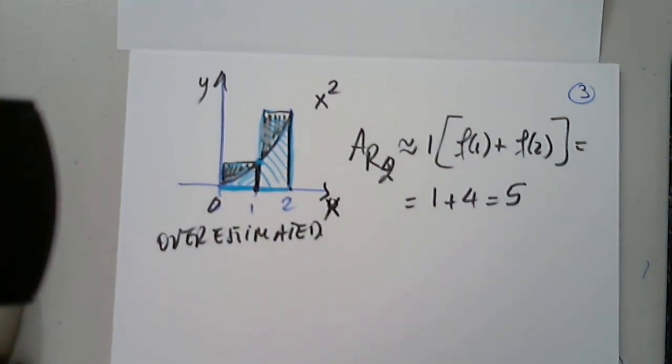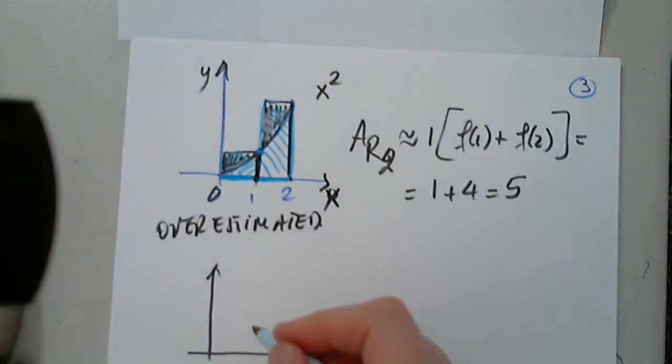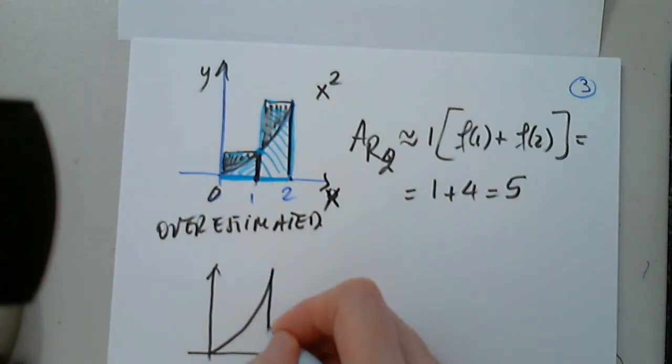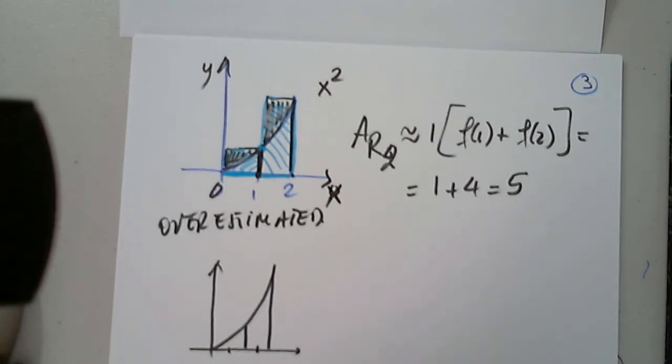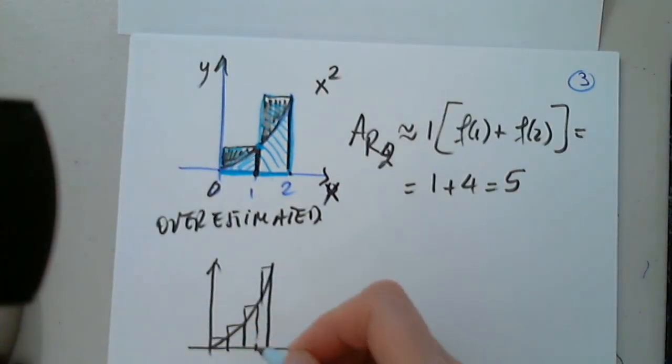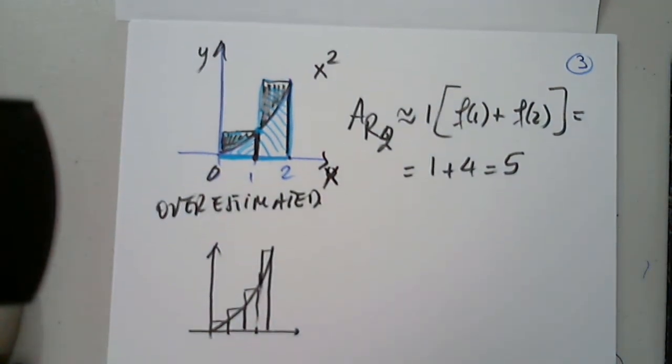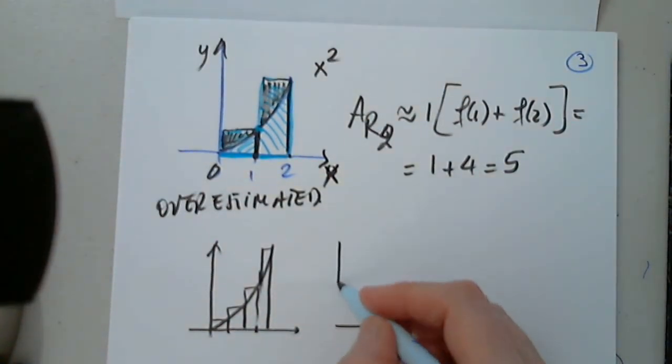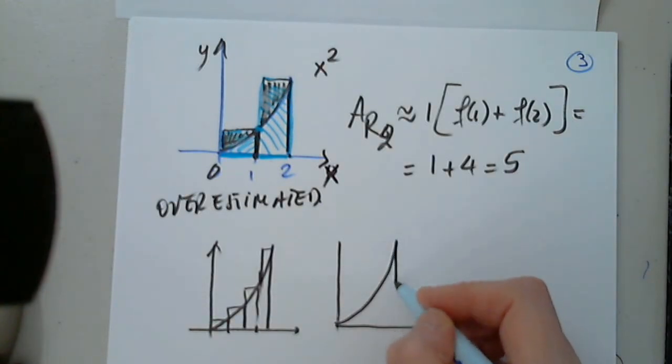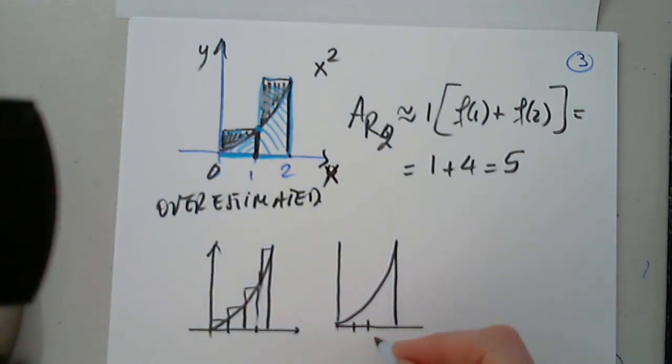Okay, perfect. So now bear with me, because I have a question for you. Let's say I have 4 subintervals. So I'm going to have this height with the rightmost point, and then this height, and then this height. Let's say now I have 16. I don't know if I can show 16, but we'll see.